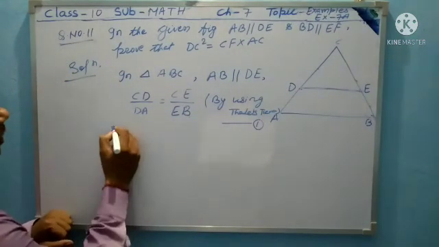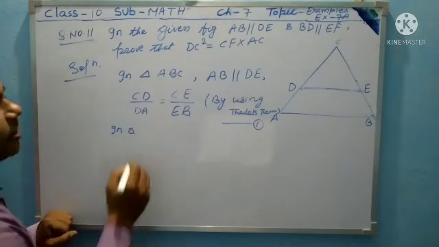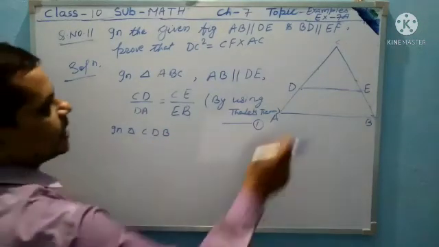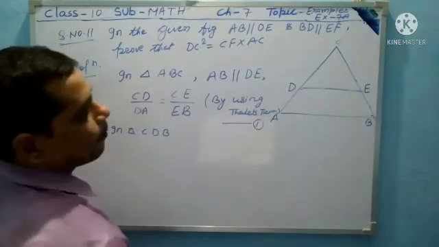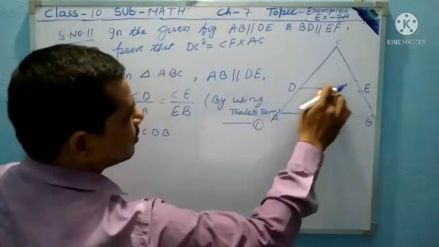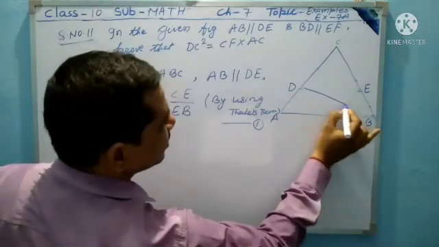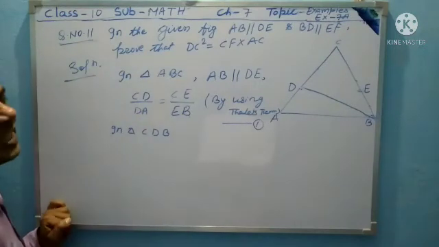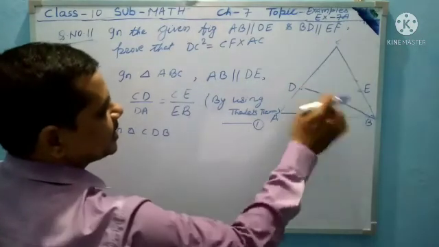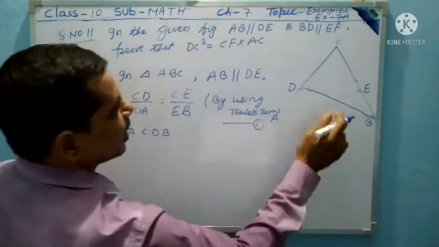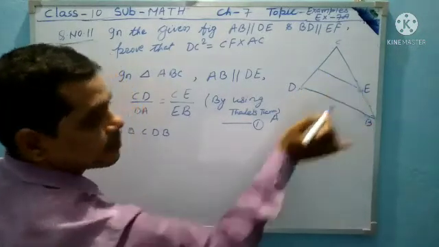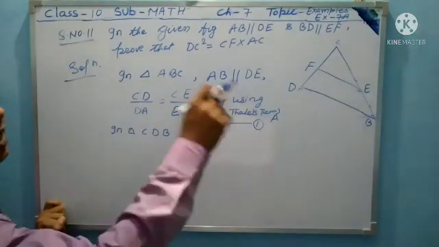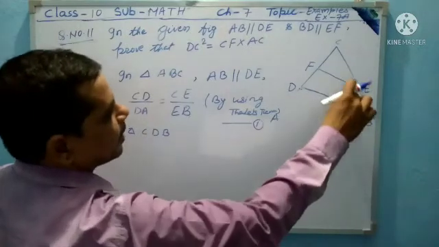Now in triangle CDB, that is C, D and B, this line FE is parallel to DB.